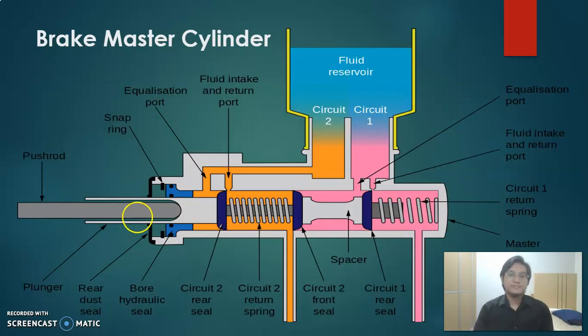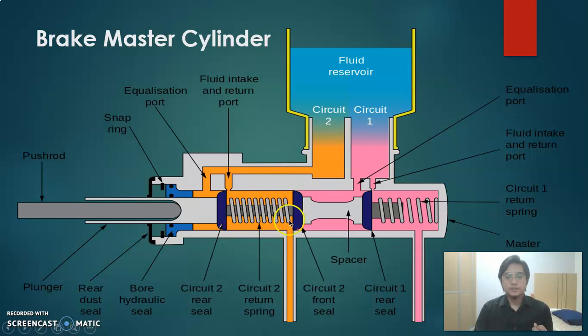So the brake master cylinder is used to receive the force exerted on the pedal, and is used to convert the force to pressurized fluid. When the pedal is pushed, the push rod is pushed forward, the circuit 2 rear seal will go over the fluid intake and return port. This causes pressure buildup in circuit 2.